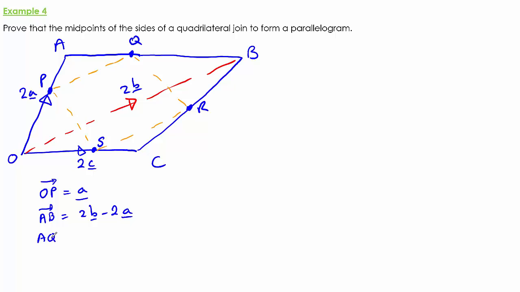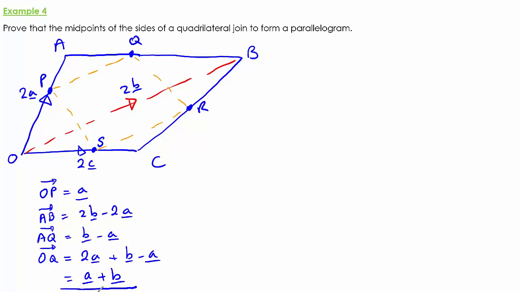Therefore, AQ would be equal to B minus A. And therefore OQ would be 2A plus the B minus A, and that's going to be A plus B.